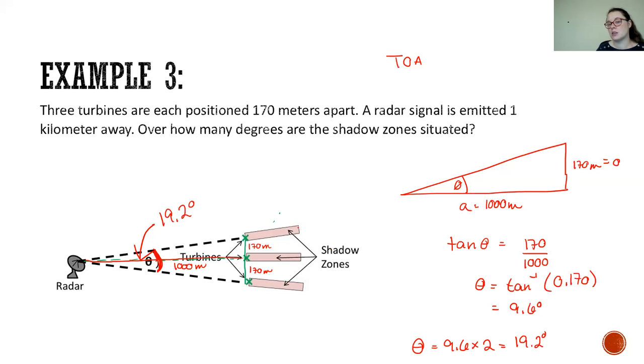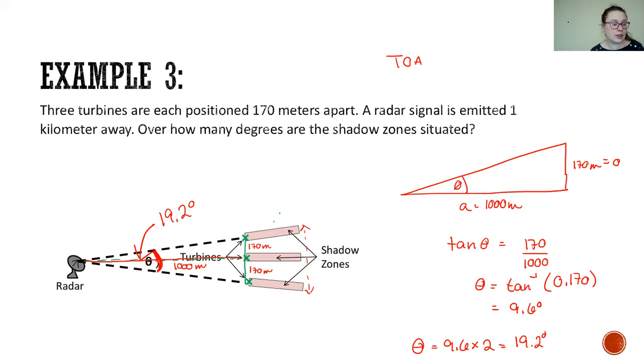So that means as we expand out, we can figure out over what distance would you expect to see shadowing or irregular patterns, because that angle will be the same no matter how far out we go. And eventually you'd get to an area where the shadow should stop and it should be negligible.